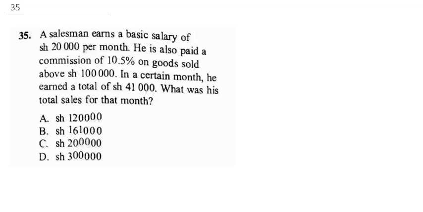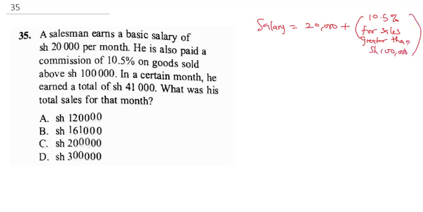Now the first thing you need to establish is his salary. It's 20,000 plus. If he earns 10.5% for sales greater than 100,000 shillings, what this means is if he earned 41,000, then this must be 20,000 plus X. So X will be 41,000 minus 20,000.